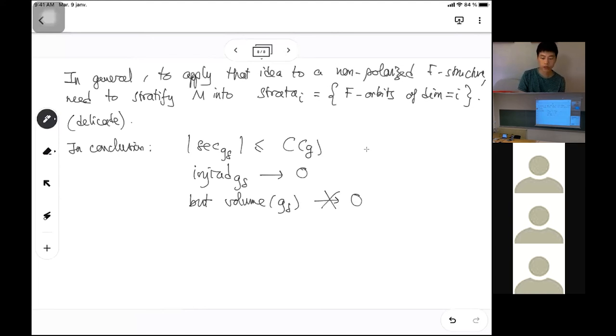The volume does not go to 0 in general. And in the proof, you can see that because of the way you rescale the metric, but it is a fact that sometimes you can collapse, but you cannot volume collapse. And that's it for the two theorems of Cheeger-Gromov. So we have existence of F structures, and conversely, if you have F structure, you can collapse.